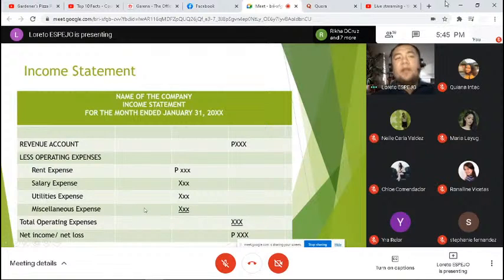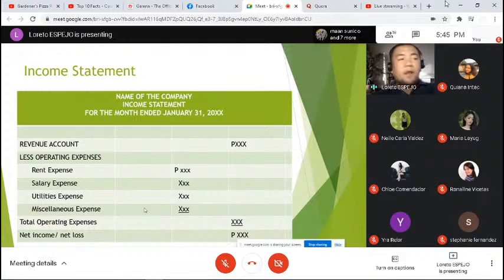Okay? Siyempre, meron pong mga multiple step income statement, kasi meron pang mga other income. But para sa atin, it would come up with revenue less expenses. Yun yung pinaka-general na formula for income statements.